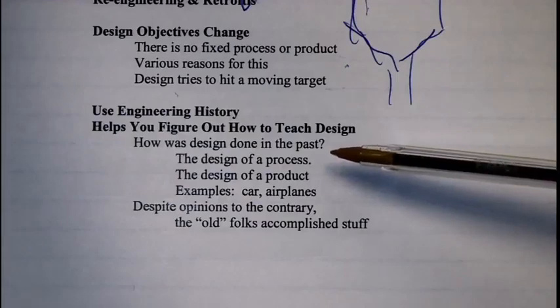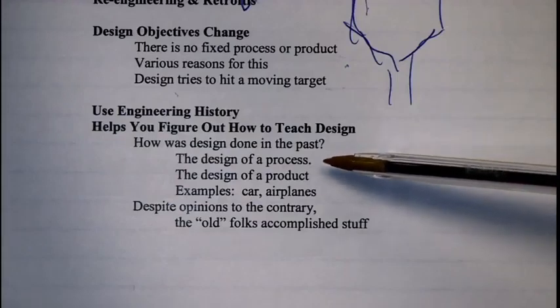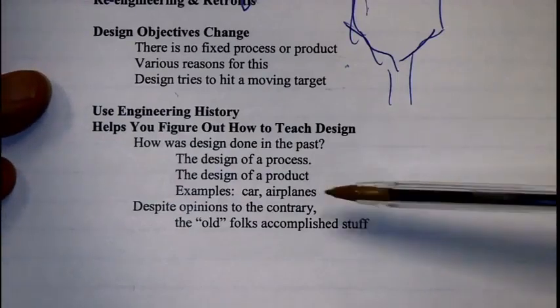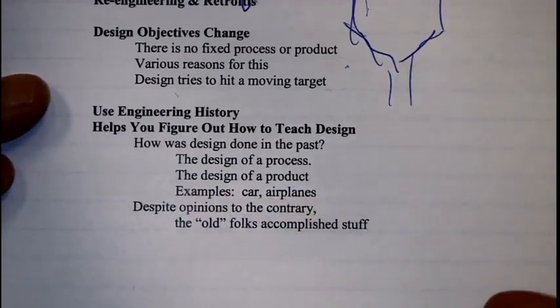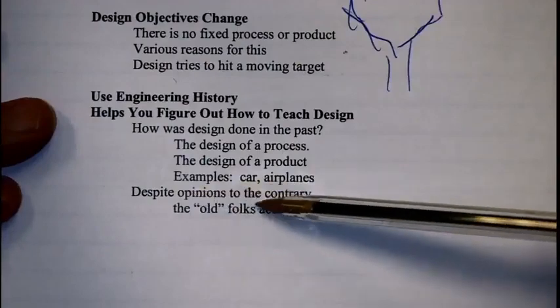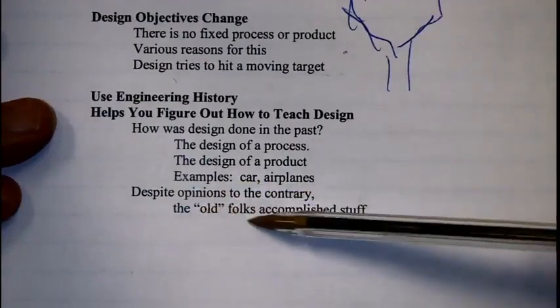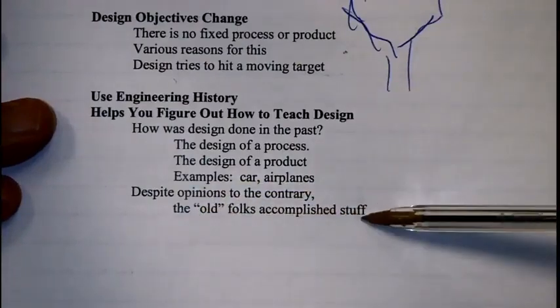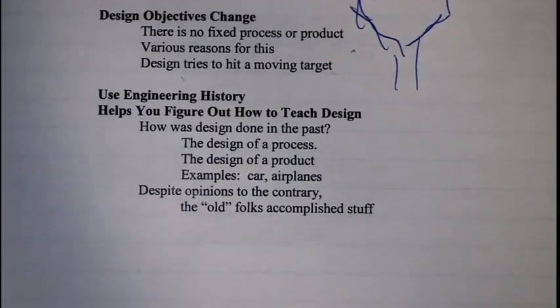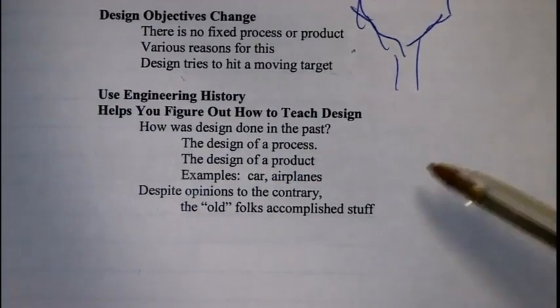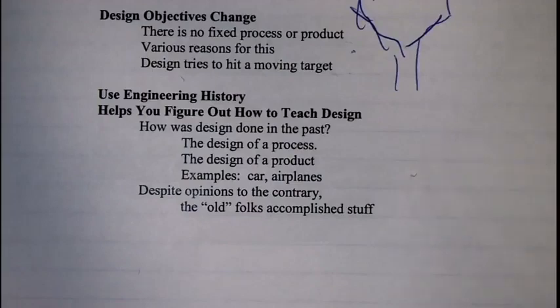So they didn't necessarily have a very good design. And basically, the old folks knew what they were doing. They accomplished a whole bunch of stuff. So it's very important to recognize the old folks. The old folks were actually very smart, huh? And they didn't have computers.